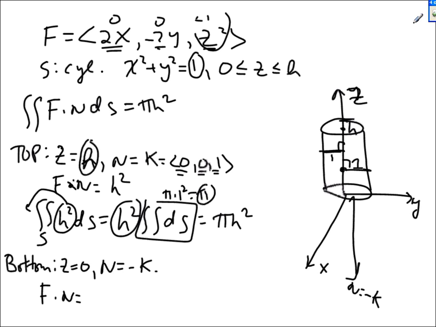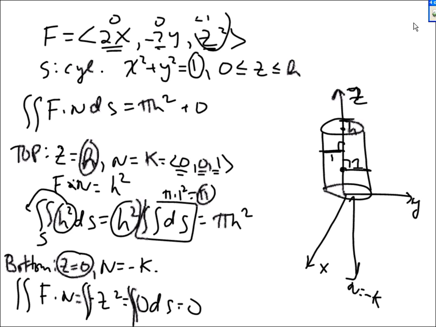It's just negative z squared. But z is 0, so it's negative 0 squared, which is 0. That means that the integral is 0. So you add 0. So far the answer is pi h squared.